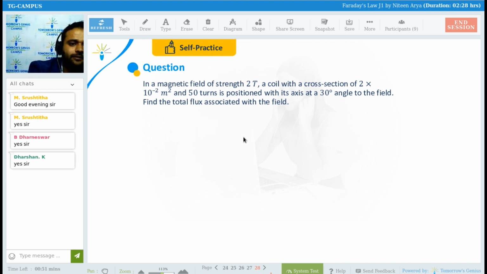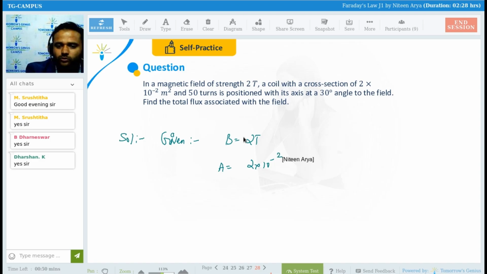Okay, as a hint or something, not hint even, solution, everything is given, just give me the answer. Okay, you guys also write in this way, given. What is given? B in Tesla, and then A, 2 into 10 to the power minus 2 meter square, and then N, 50, and then theta, 30 degree.